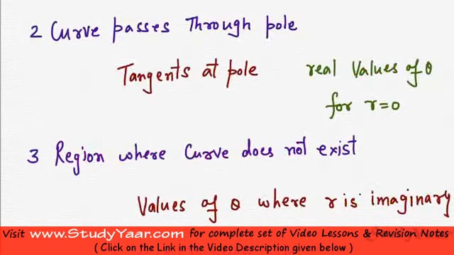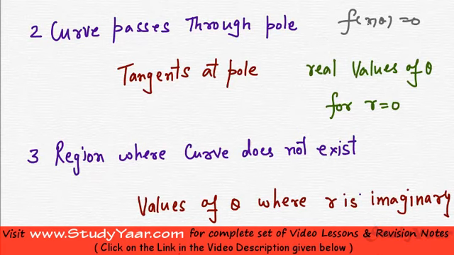Your next step is to check if the curve passes through the pole. In polar coordinates the origin is called the pole, so we have to check whether the curve passes through the pole or the origin. If you have your equation in this form, you put r equal to 0. When you put r equal to 0, if you get some real values of theta, then your curve passes through the pole.